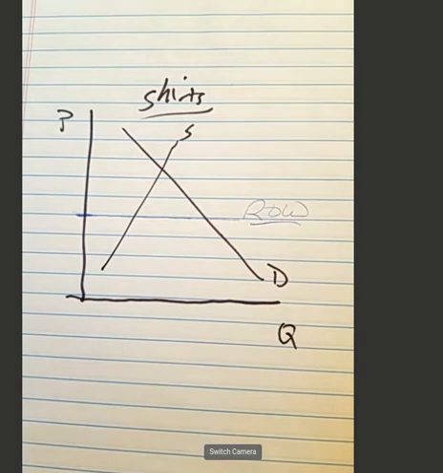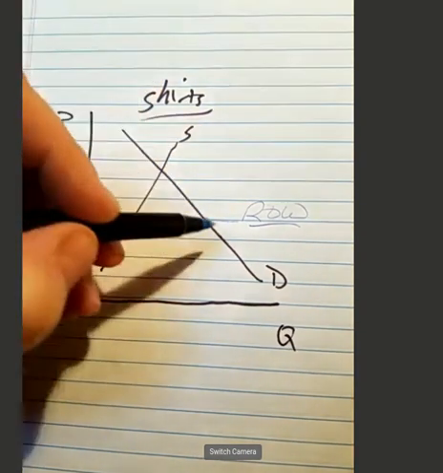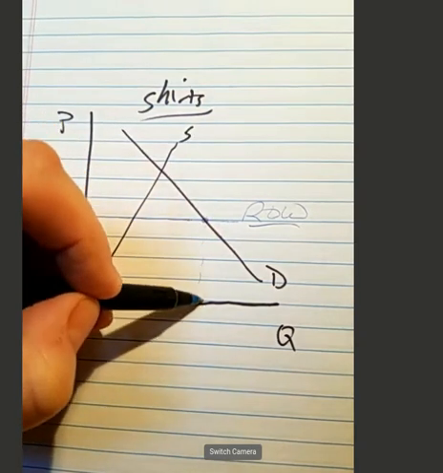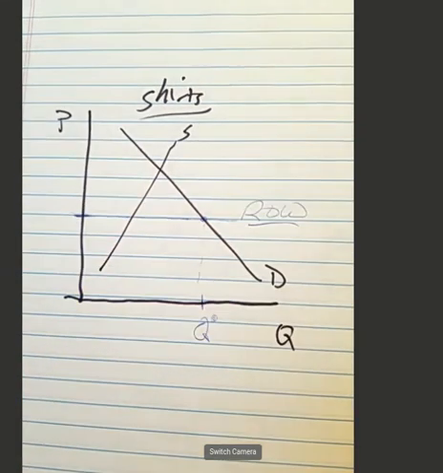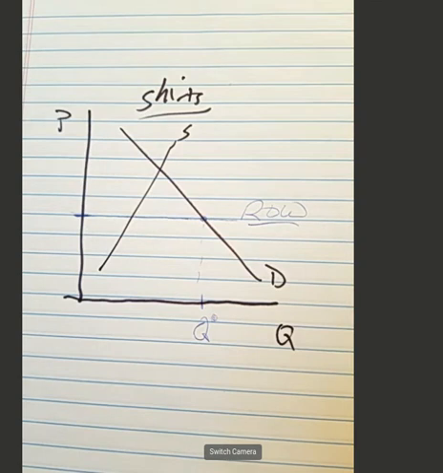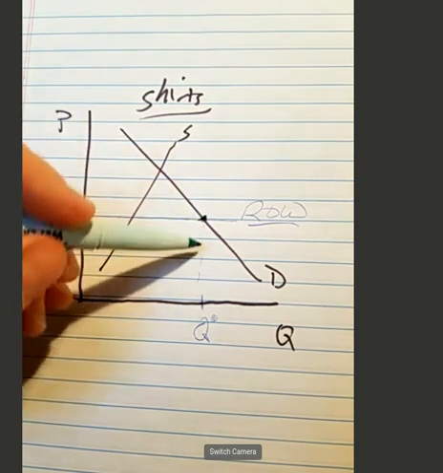Okay, to model imports, we need to recognize the rest of the world's price will enable this quantity demanded, QD0, the initial quantity demanded. The rest of the world is supplying the shirts at that price.